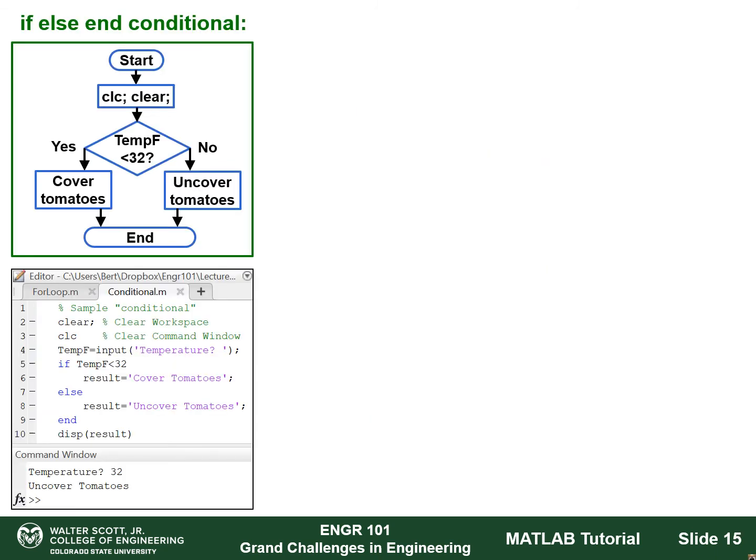So finally, what I would like to share with you, and this is not in the chapters, are very good examples of how an if-else-end type of conditional would look if you have a flowchart for it, and then the sample code that would actually work for that exact flowchart that you see above.